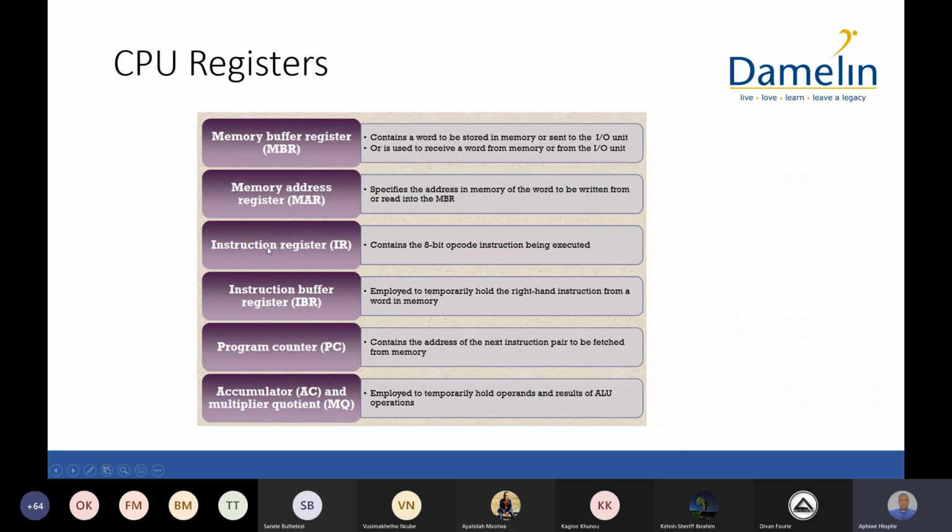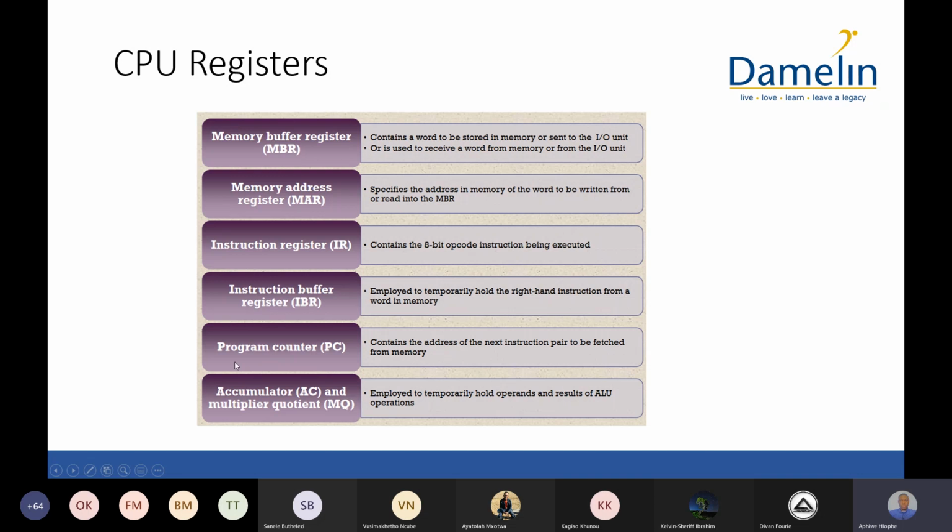Then we have the instruction register, which is storing the 8-bit block of code that is currently being executed by the ALU. Then we have the instruction buffer register, which is storing the queue of instructions that still need to be executed by the ALU.